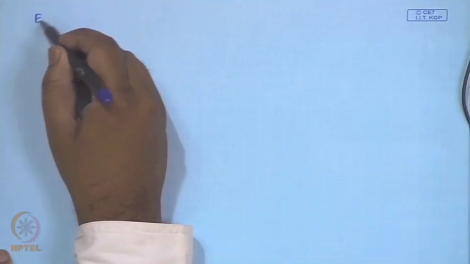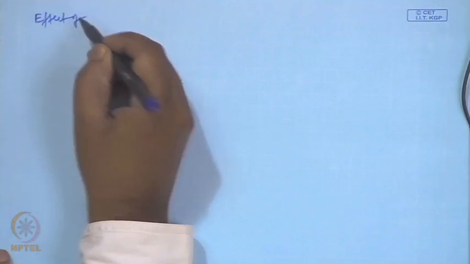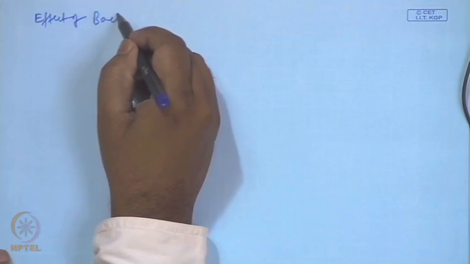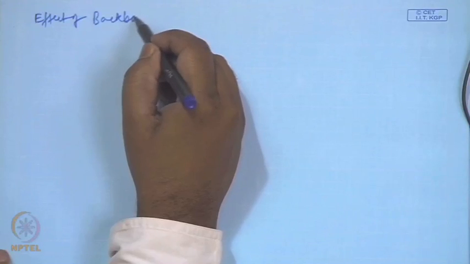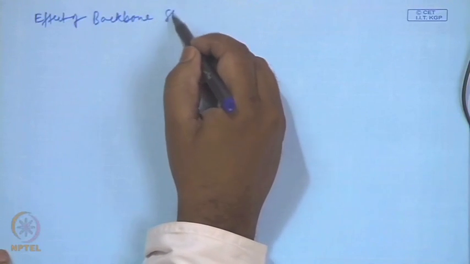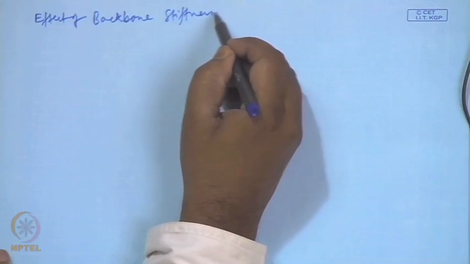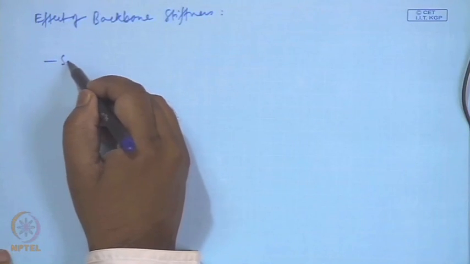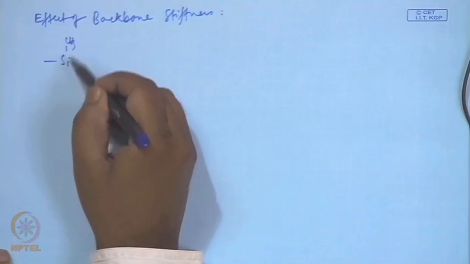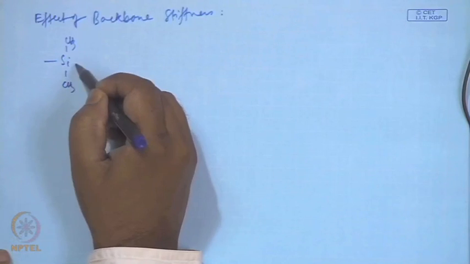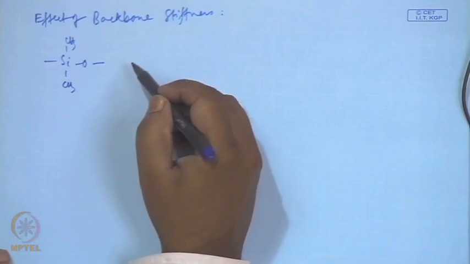Let us talk about the effect of backbone stiffness, the backbone of the polymer chain. Let us compare the example of polydimethyl siloxane, PDMS.